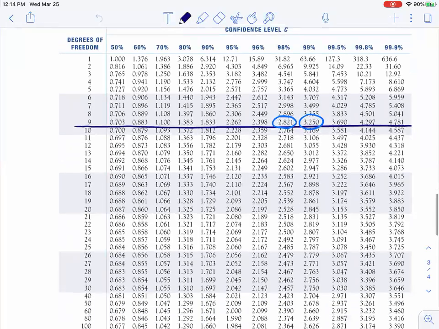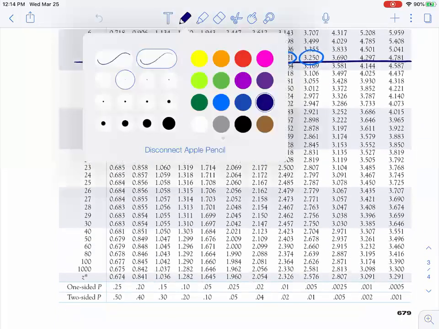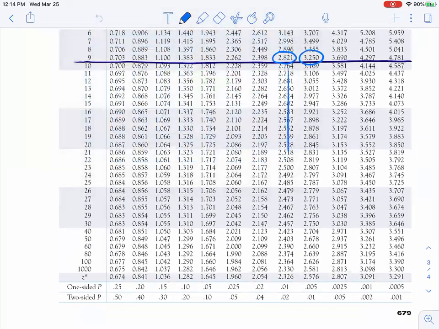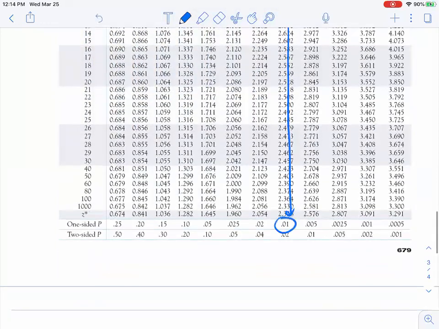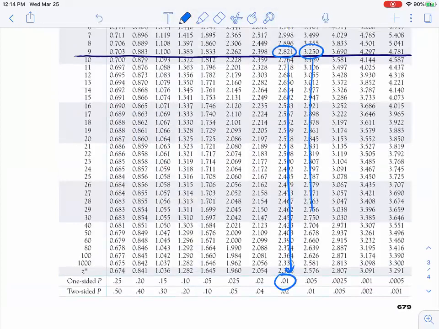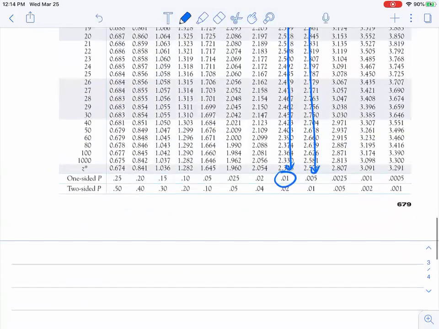And if I go to my table, right, I trace down to my one-sided p-value and trace down to my other one-sided p-value.